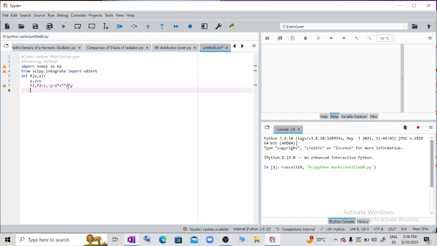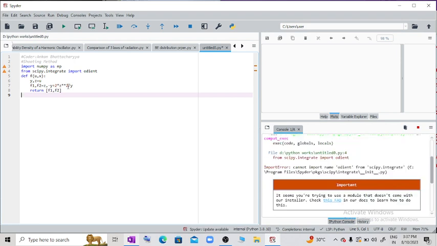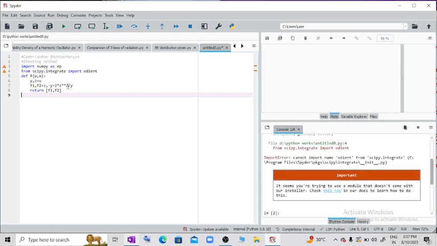So the two functions have been defined, and we return f1, f2. By calling the function f(u, x), it will call f1 and f2 this way.